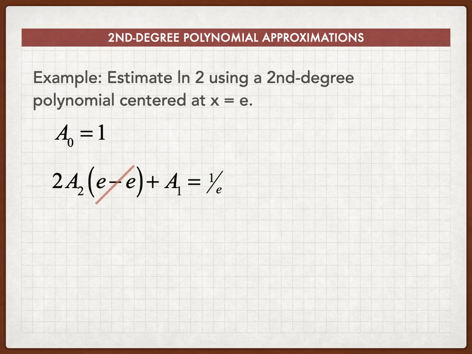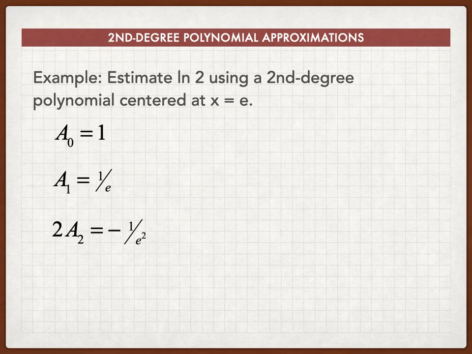That's 1 over e. A sub 1 equals 1 over e. The second derivative equals negative 1 over e squared. So, a sub 2 is 1/2 times negative 1 over e squared.